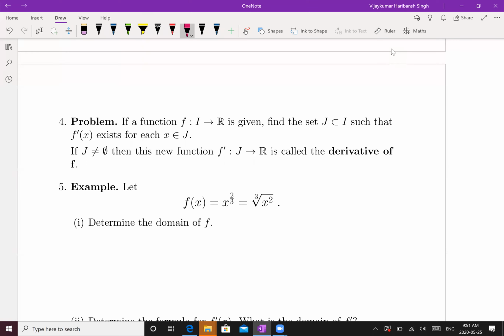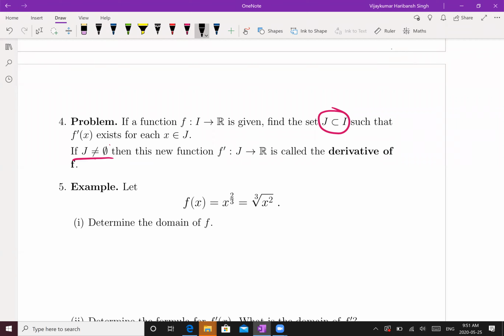Now here we are insisting that the derivative should be defined at some point to talk about it as a function. That's the whole point of this definition, right? Suppose J was empty, that means that the derivative is not defined at any point. In that case, we do not really have the concept of a function, right? The domain should be non-empty to have a function.